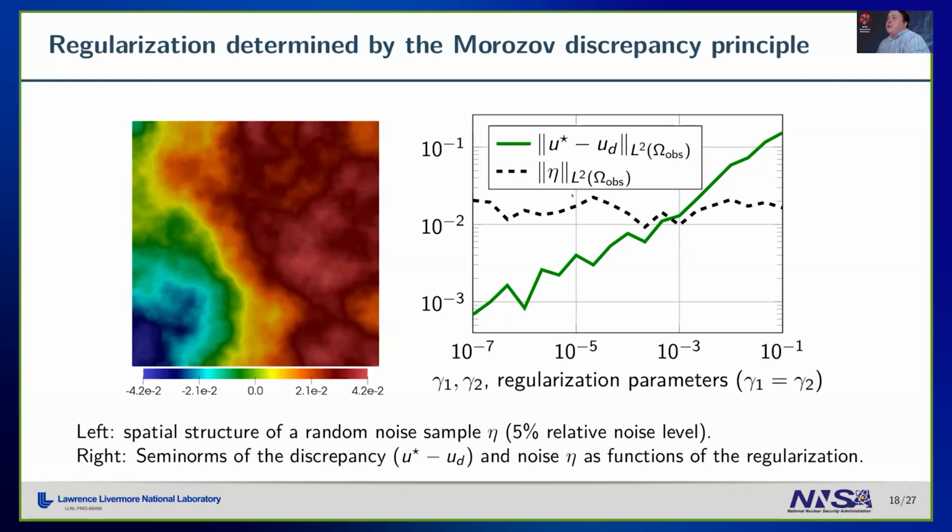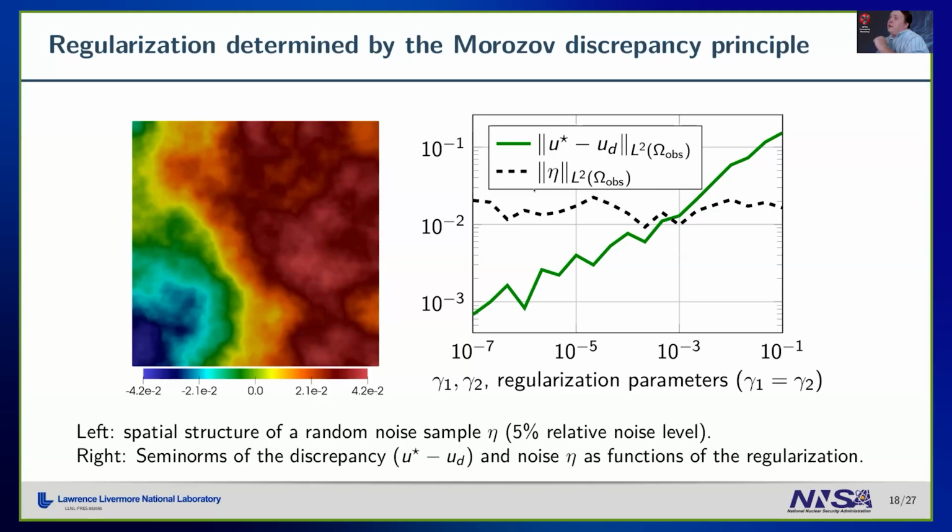That is, after having solved this optimization problem for given regularization values, we look at the discrepancy between the solution of the optimization problem and the data.